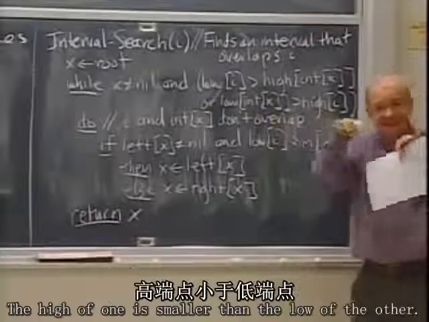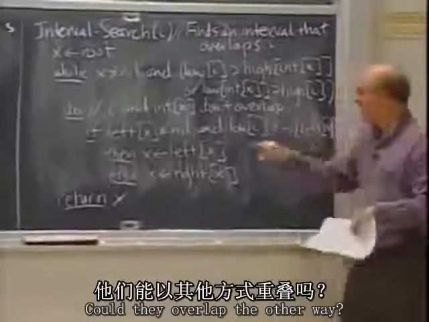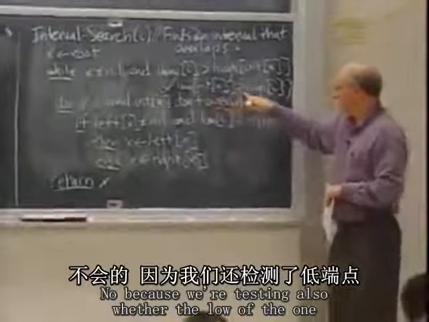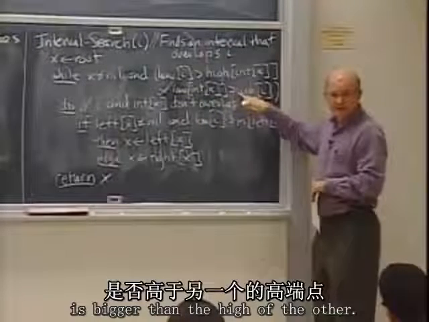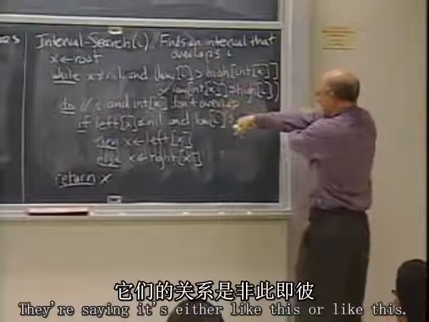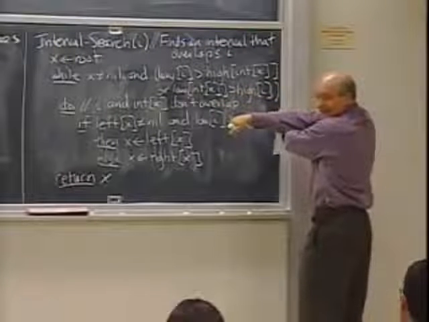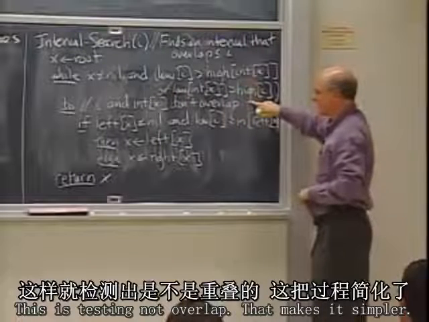Could they overlap the other way? No, because we're testing also whether the low of the one is bigger than the high of the other. So it's either like this or like this. So this is testing not overlap.